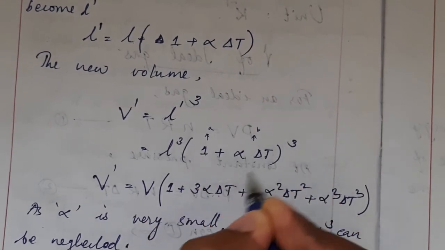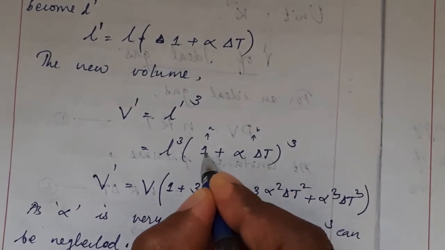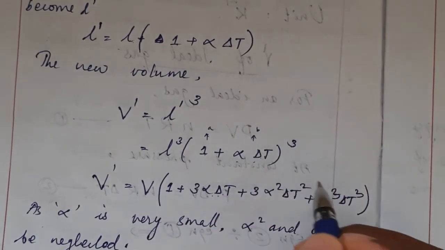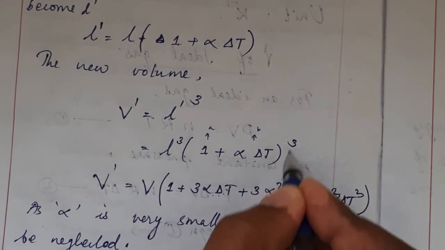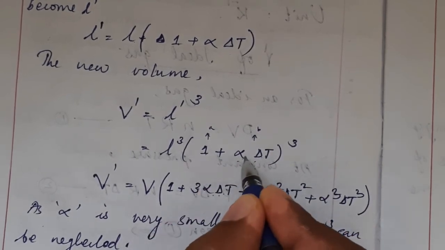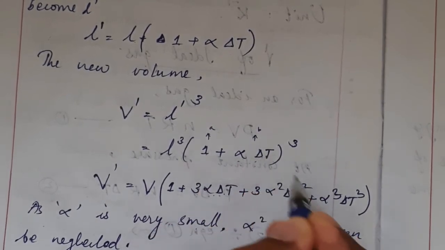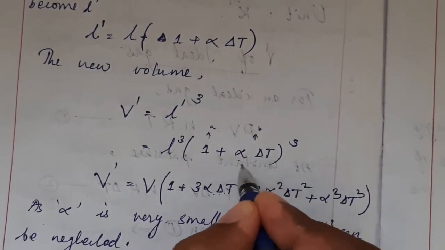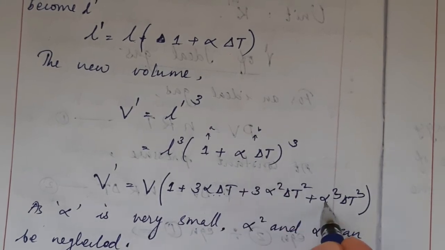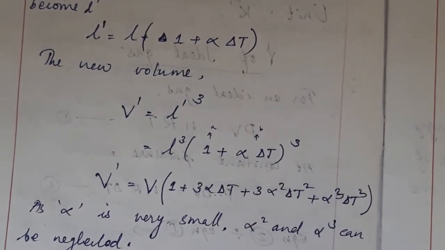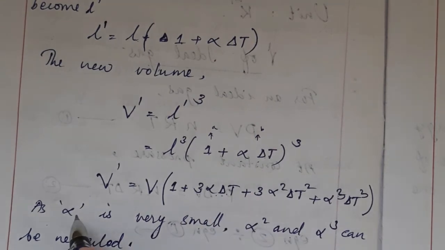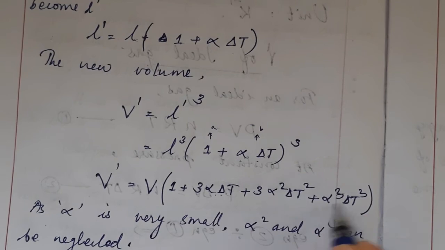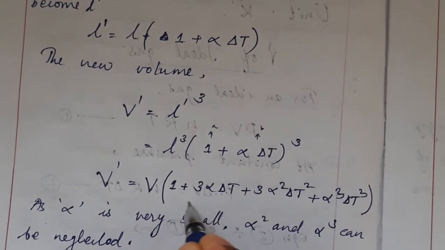So 3 is here, a is 1, its square is 1 itself, b is alpha delta T, plus 3 a b square, 3 into 1, b square, this full square, alpha square delta T square, plus the last term, this cube, that is alpha cube delta T the whole cube. Already alpha is very small, so these square terms and cube terms can be neglected. We'll take only the first two terms.